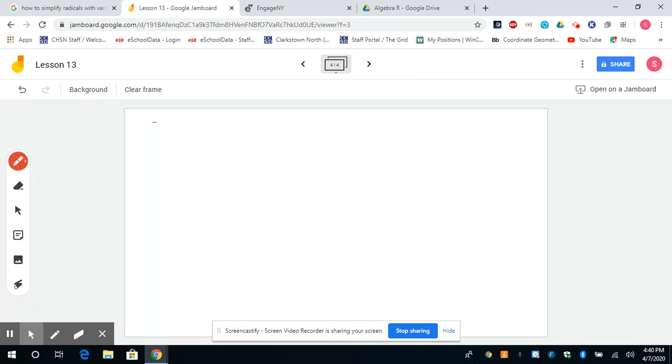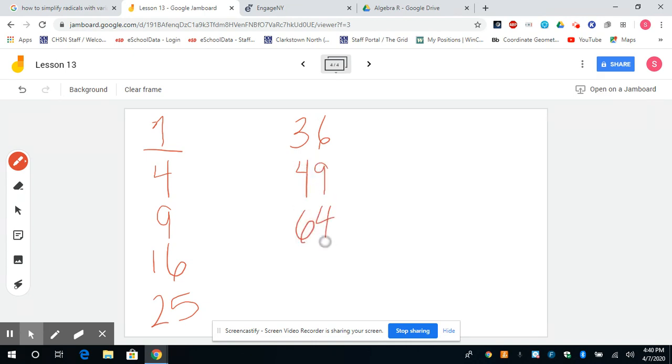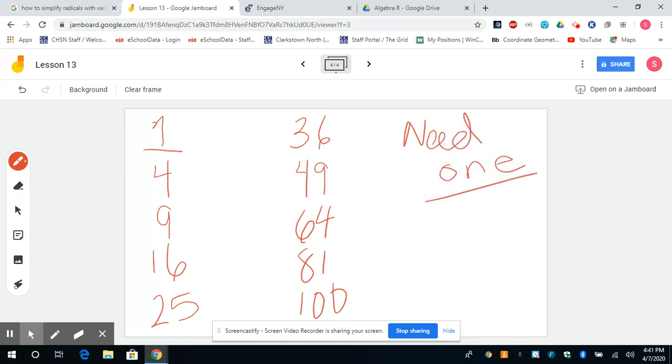So I'm going to write out the perfect squares here: 1, even though you don't really use that, 4, 9, 16, 25, 36, 49, 64, 81, and 100. When I simplify my radicals, I need one of these to be in my problem, because it'll make my life a lot easier.